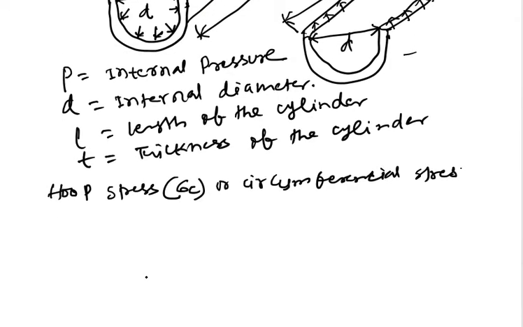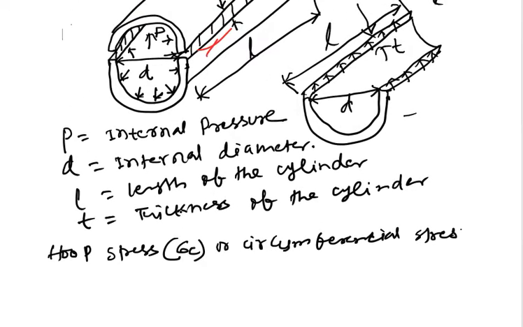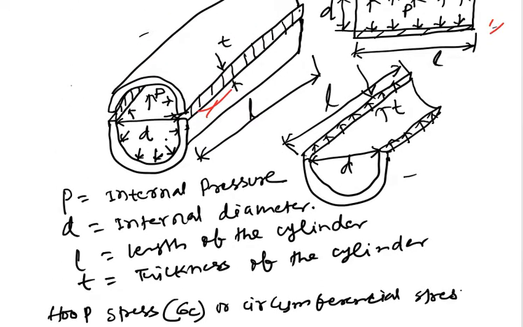When a pressure is acting on the thin cylinder, the thin cylinder can withstand the pressure up to some extent, and when it exceeds that, what will happen? The thin cylinder can burst.